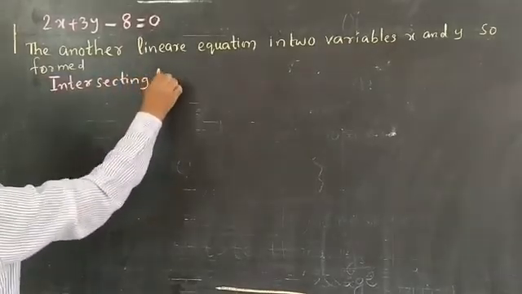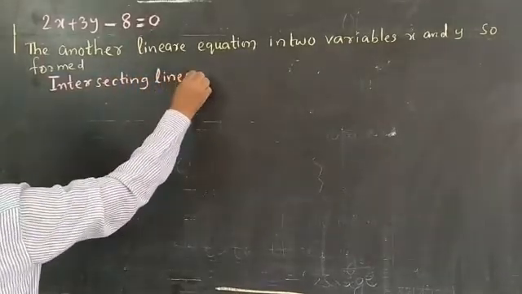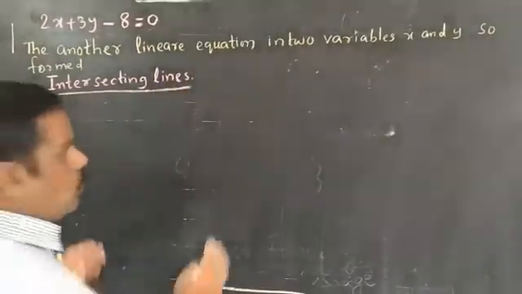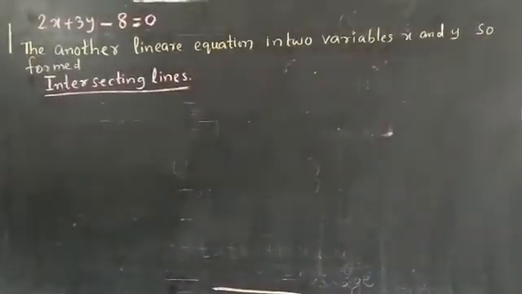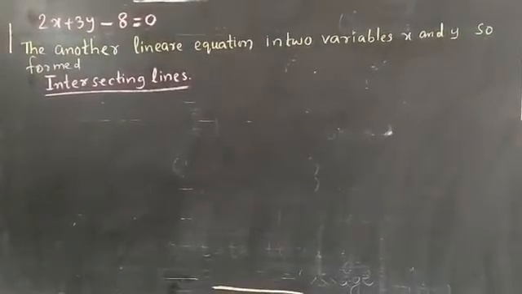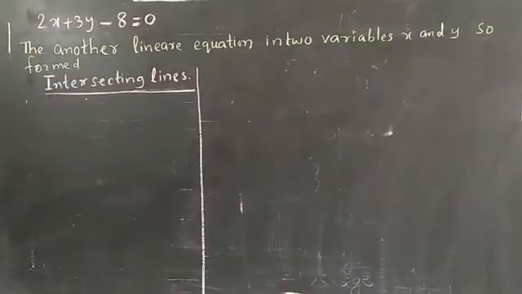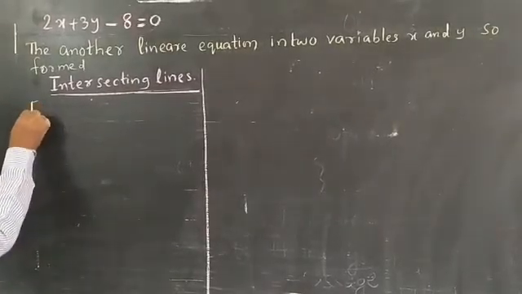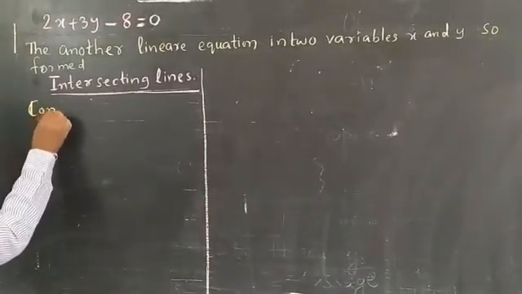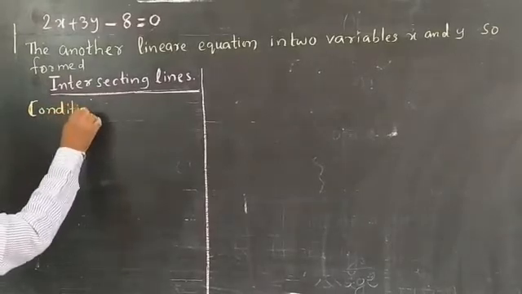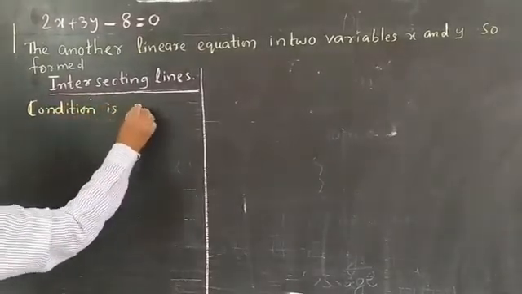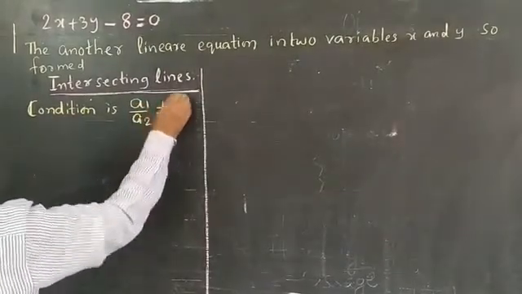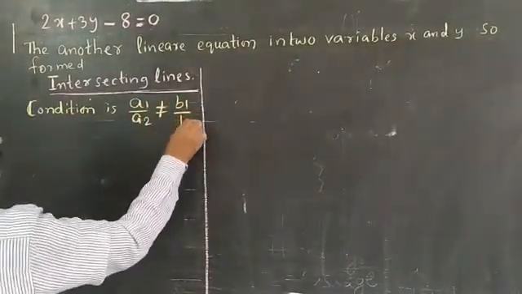Okay, is it clear? Intersecting lines means what is the following condition? Once you see, the condition they follow is a1 by a2 is not equal to b1 by b2.